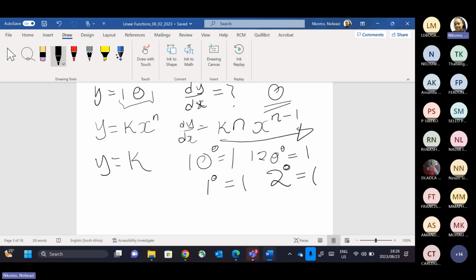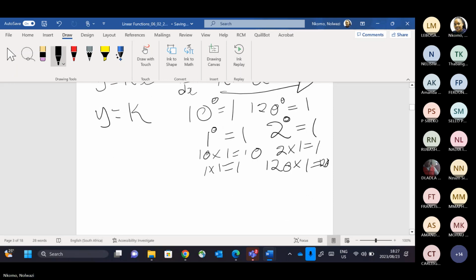And we know that anything multiplied by 1 will give that thing. If you multiply any number by 1, then you'll get that number. For example, 10 times 1 is 10, right? 1 times 1 is 1, 2 times 1 is 2, 120 times 1 is 120, right?